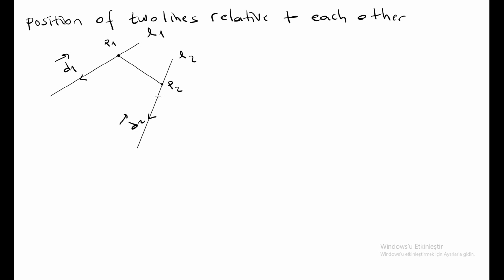Otherwise, if this one, let's say mixed product D1, D2, and P1P2 is not 0, then these two lines are skew.